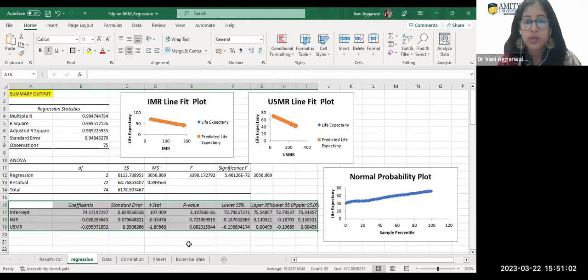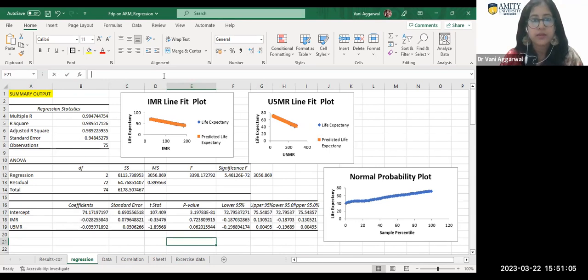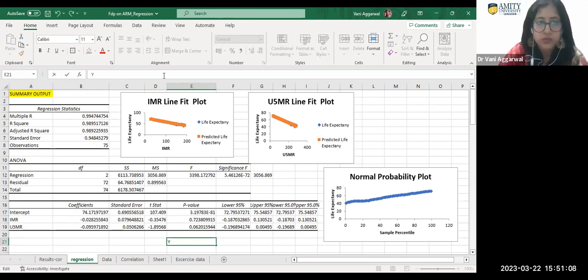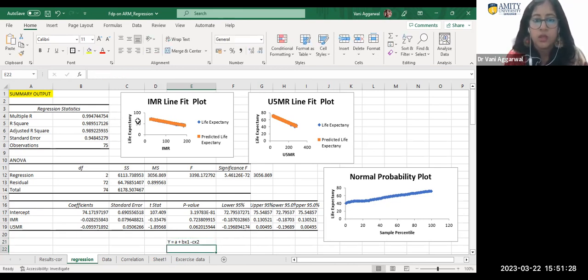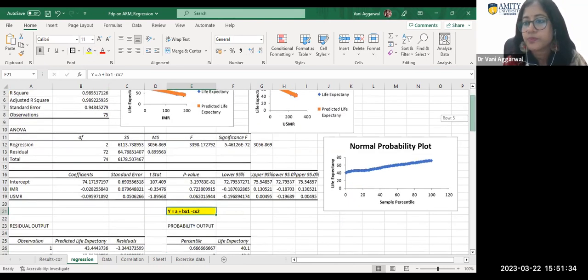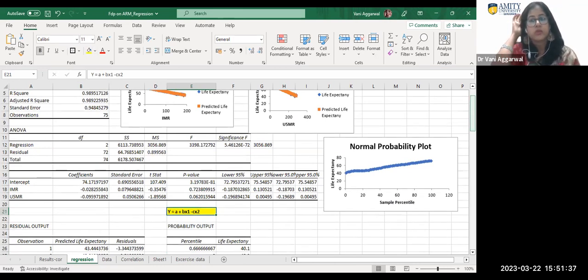Now, as we know, the regression equation is y equals a plus b x1 minus c x2. This is my regression equation. X and Y are variables.